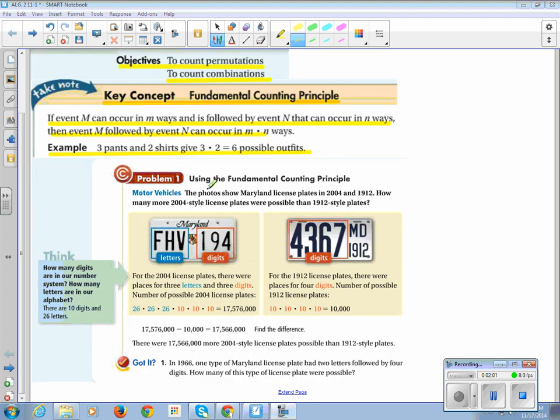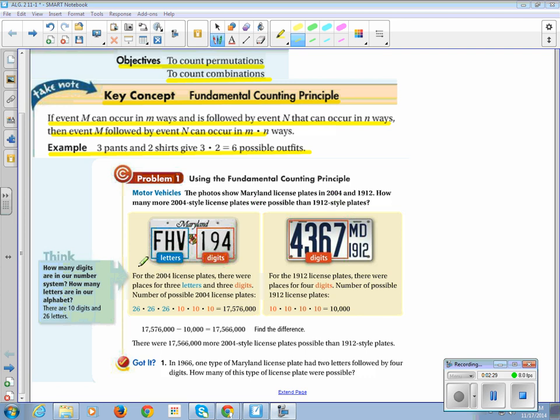The license plate problem is a classic when looking at this fundamental counting principle. So the photos show Maryland license plates in 2004 and in 1912. How many more 2004 style license plates were possible than the 1912 style plates?